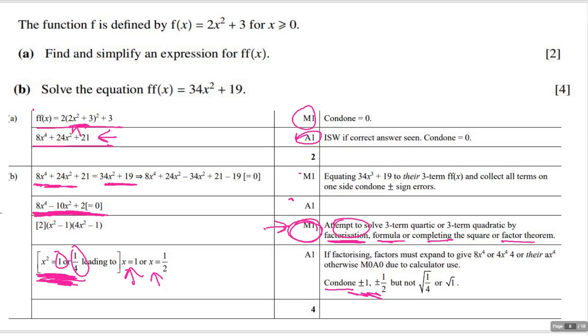Now also notice here that if they don't see something, you're not getting a method point. If they don't see some kind of method in the way you solve this, they're telling the grader specifically not to give you that point. Now you can still get the right answer point.